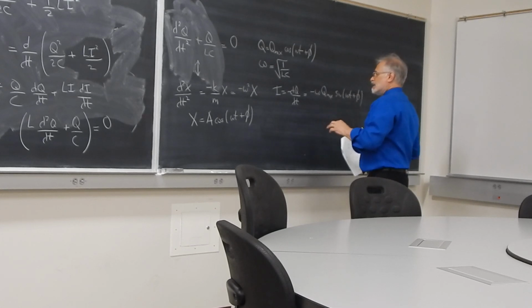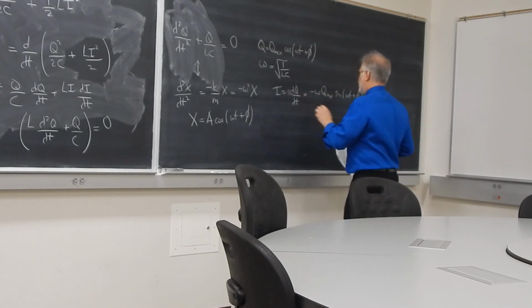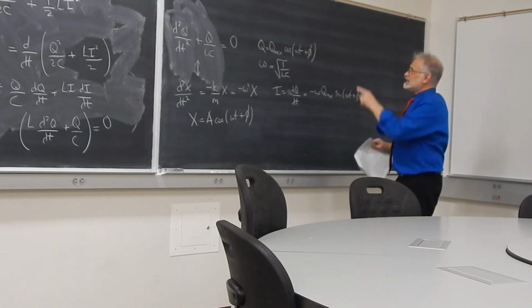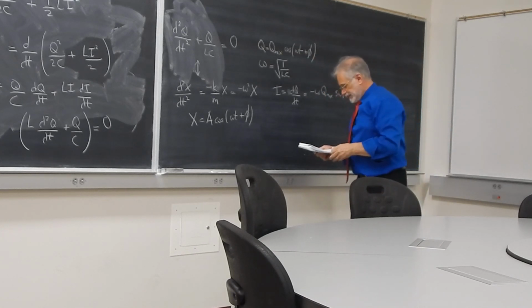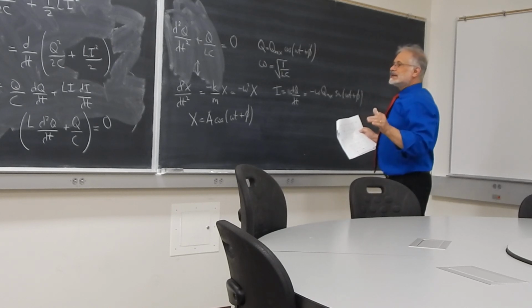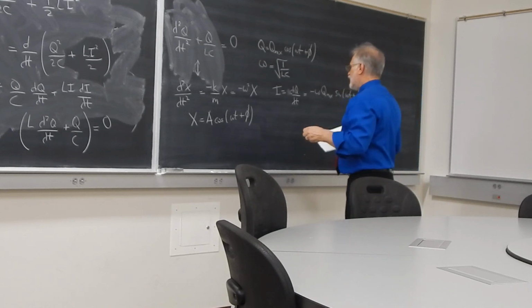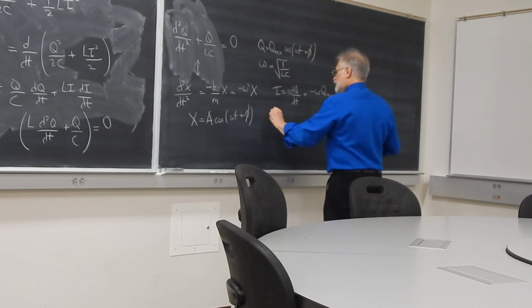And so I should say that's a positive, and that becomes a negative because the derivative of the cosine is the sine. Let's make that clear.